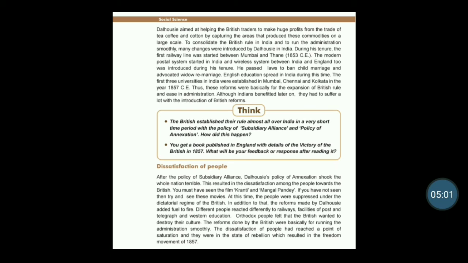Then people realized that the reforms done by the British were basically for running the administration smoothly. The dissatisfaction of people had reached a point of saturation and they were in a state of rebellion, which resulted in the freedom movement of 1857. Students, after that people realized this was just the British policy to run their administration smoothly, and they were getting no benefit.